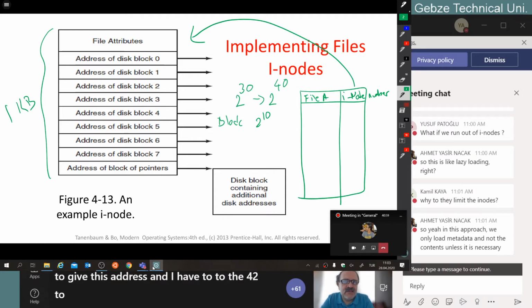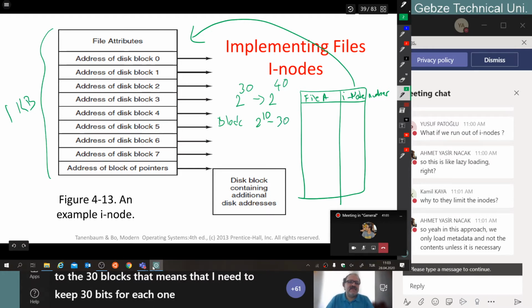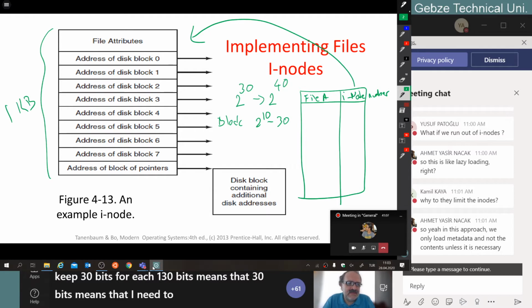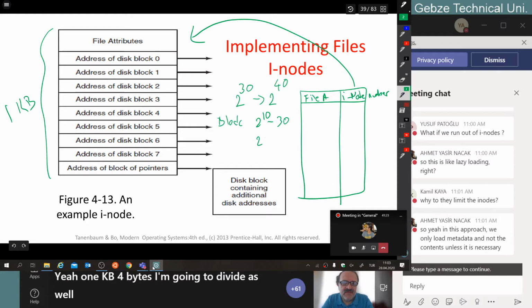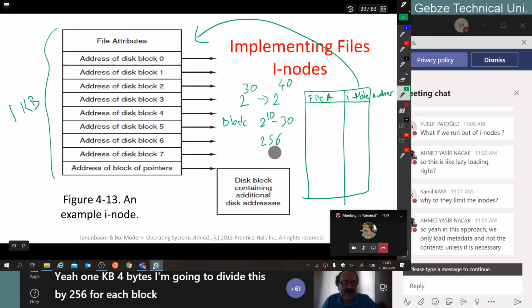That means that I need to keep 30 bits for each one. 30 bits means that I need to keep 4 bytes. A block is 1 kilobyte, so I divide by 4 bytes, and I get 256. For each inode block, I can fit this many blocks.